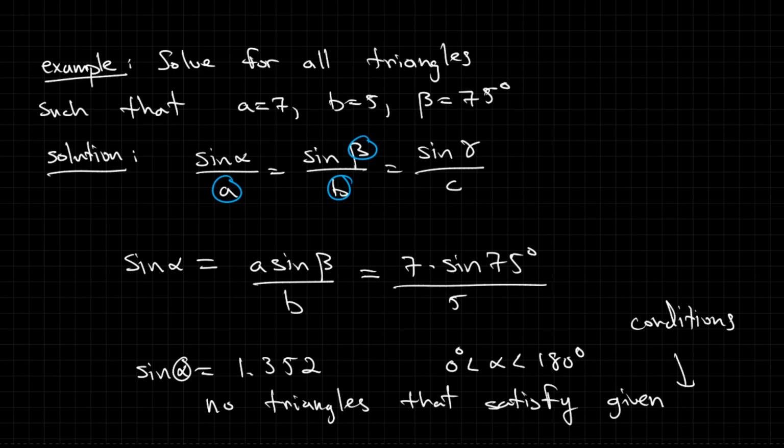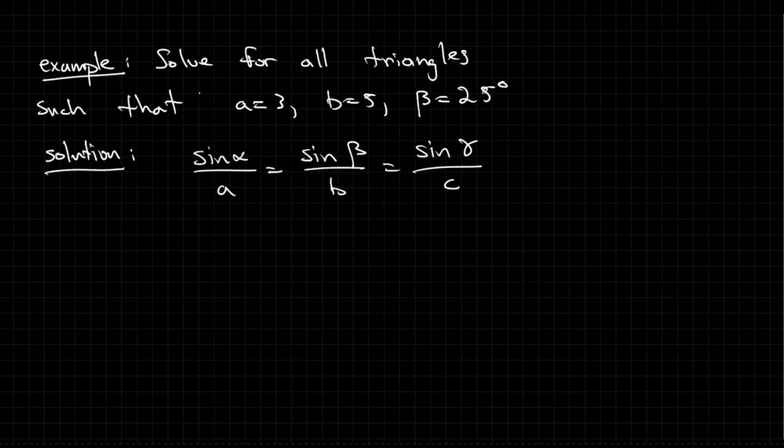Let's see one more that comes up. So let's again solve for all triangles, except now a is 3, b is 5, and beta is 25 degrees. So once again, you select a law of sines that will give you one unknown, which is the same one as the previous two, and we'll write an equation.